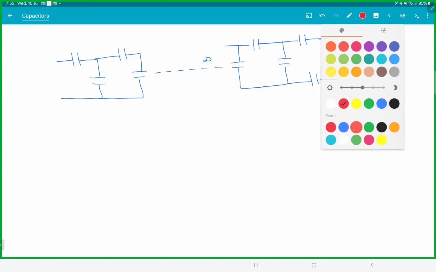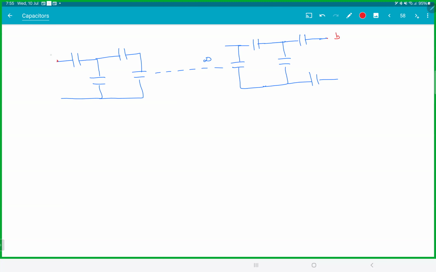Let's say this point is B and this point is A, and the bottom two, I can just call them something like this. All are C. Now, can you tell me what will be CAB? It's an infinite grid in the middle, that side, this side.